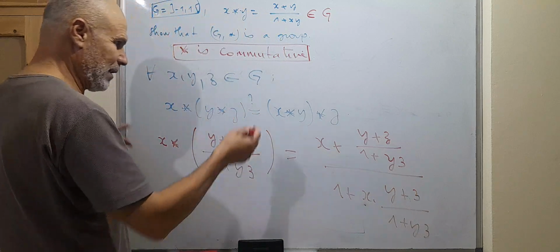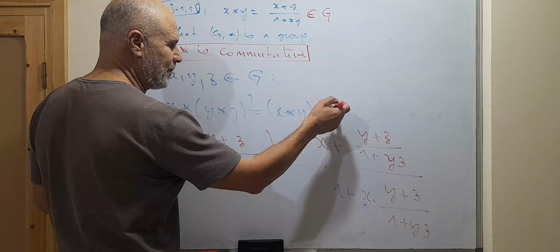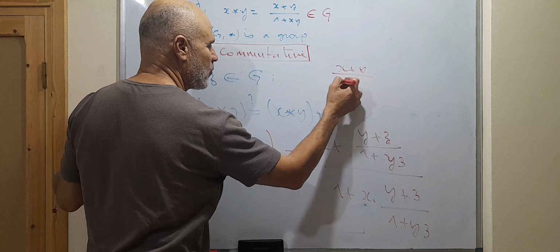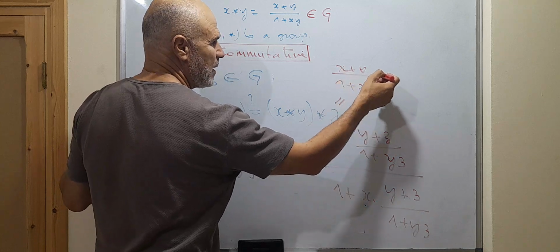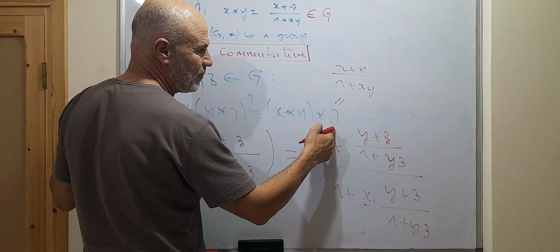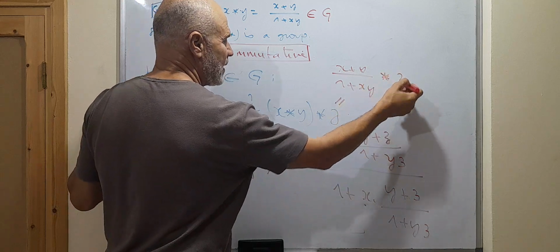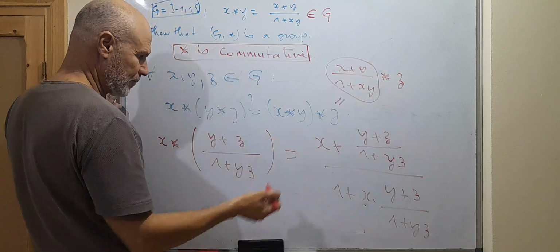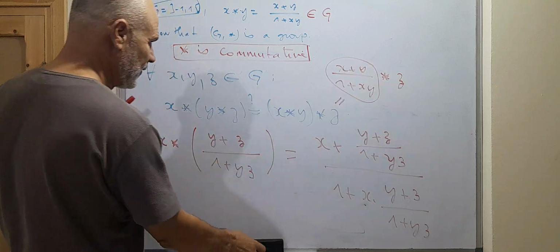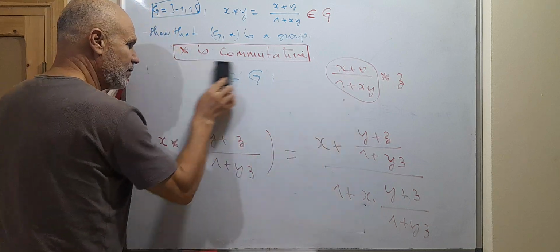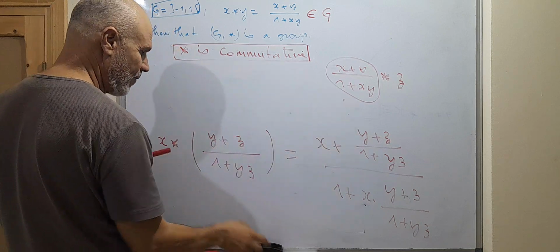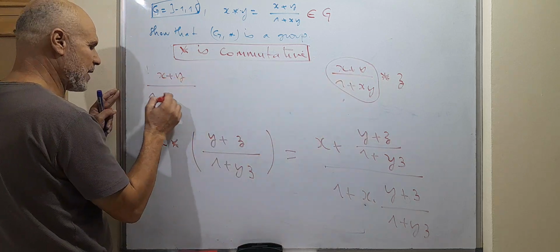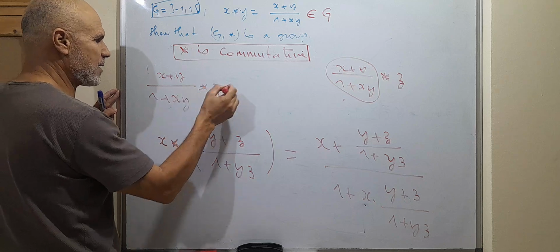The second side is (x + y) over (1 + xy) star z.